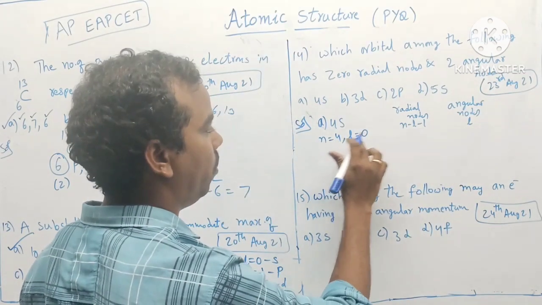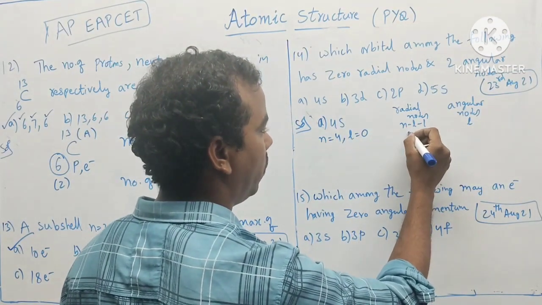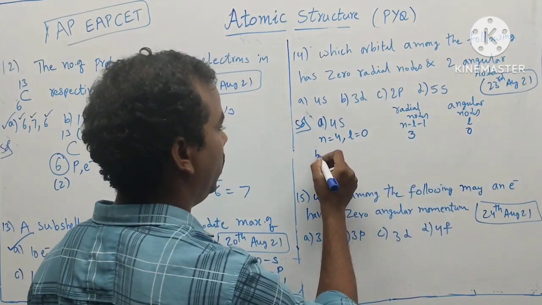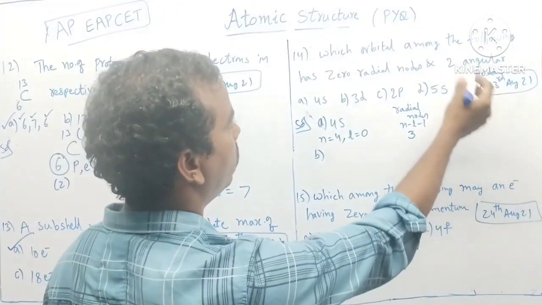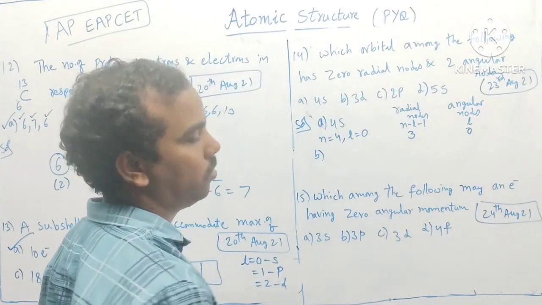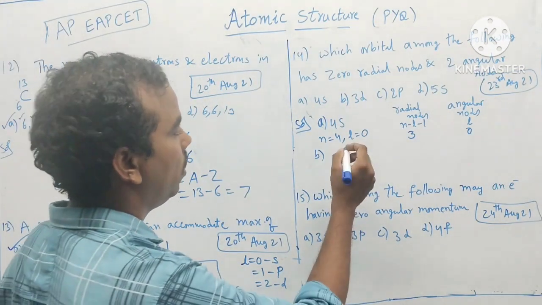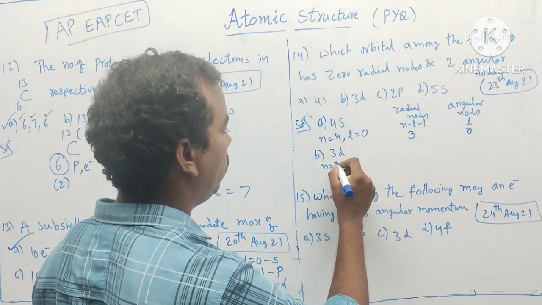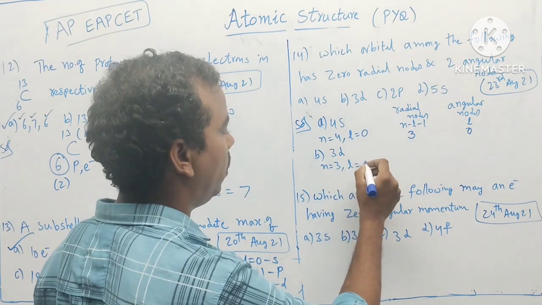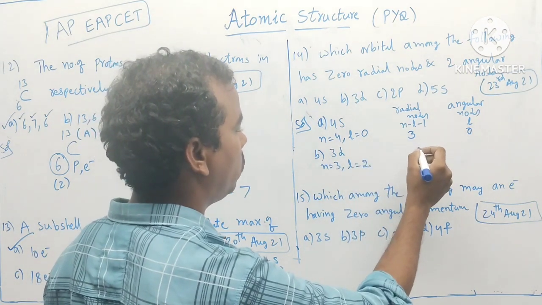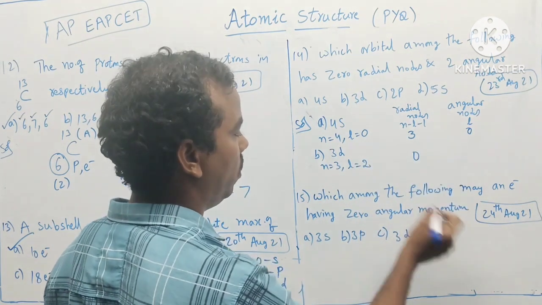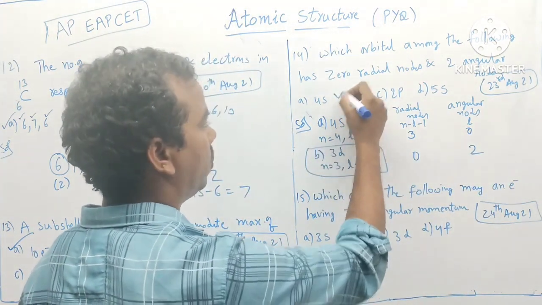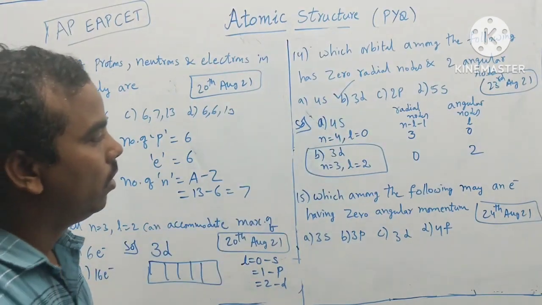So n minus l minus 1: 4 minus 0 minus 1, so 3. And l value is 0. Next, option B: 3, 0. But we need 0 radial nodes. 3d: n is equal to 3, l is equal to 2 for d. So 3 minus 2 minus 1, 3 minus 3, 0. So l is equal to 2.